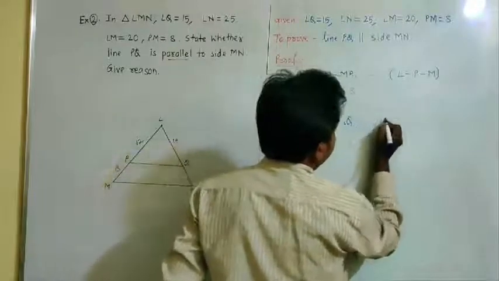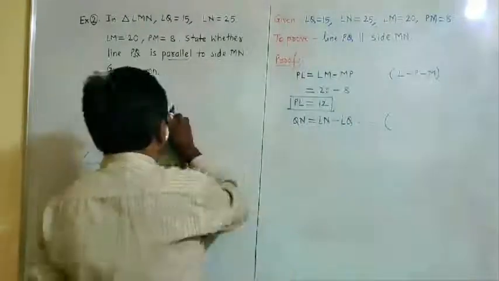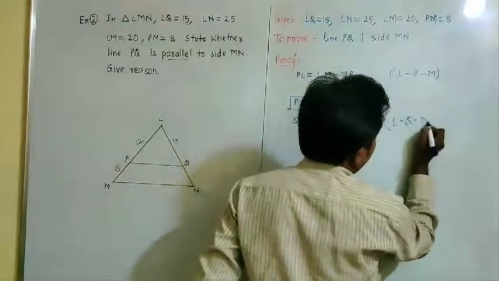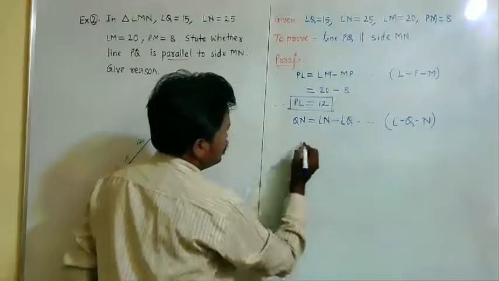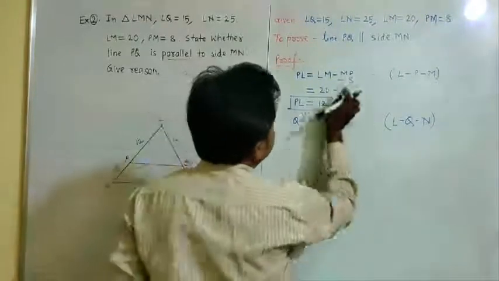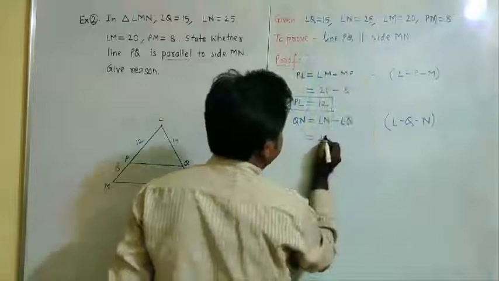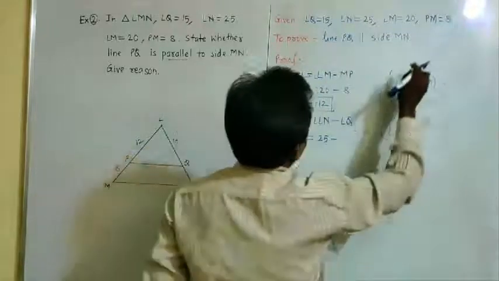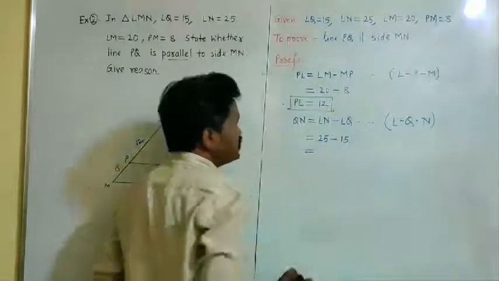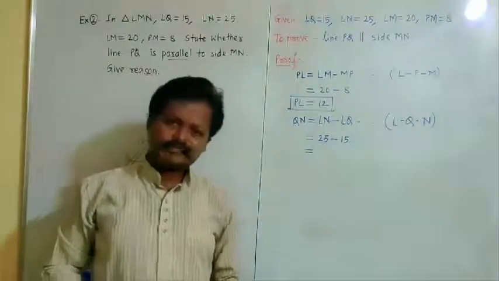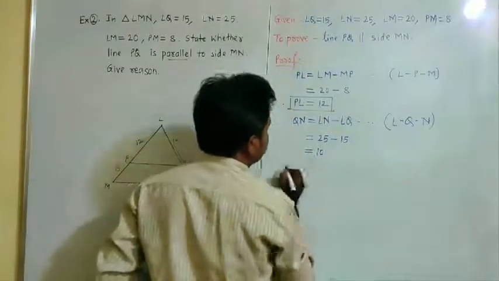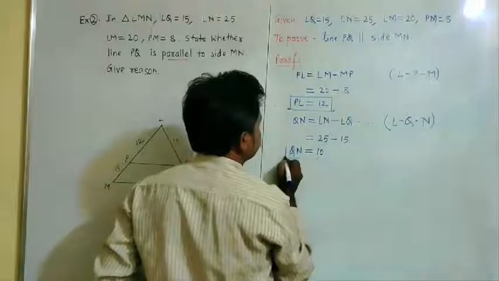You can also write your reason as L-Q-N. Now put in the values. LN is equal to 25, minus LQ is equal to 15. Subtract this, you get 25 minus 15, that is 10. QN is equal to 10.